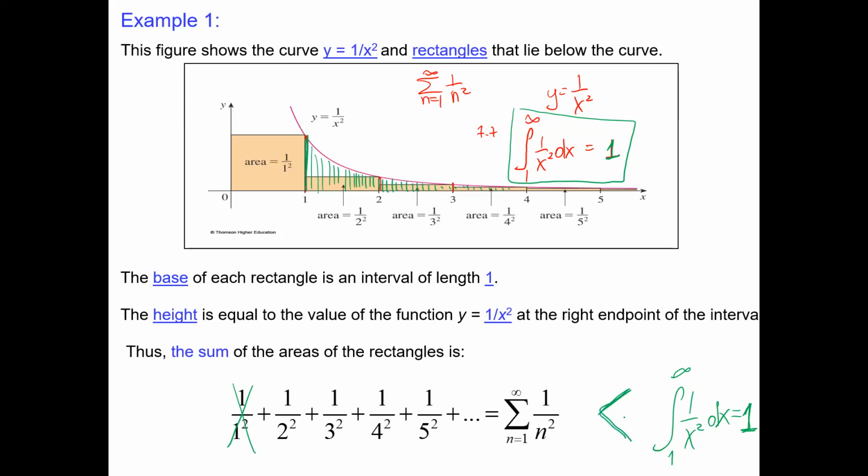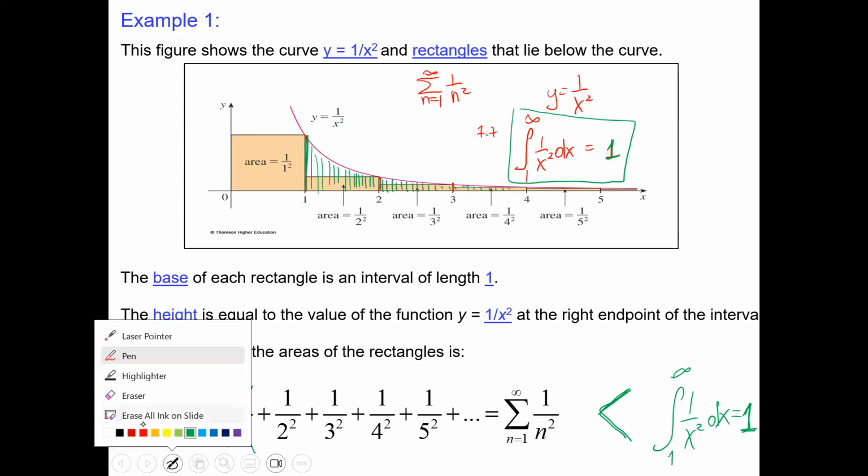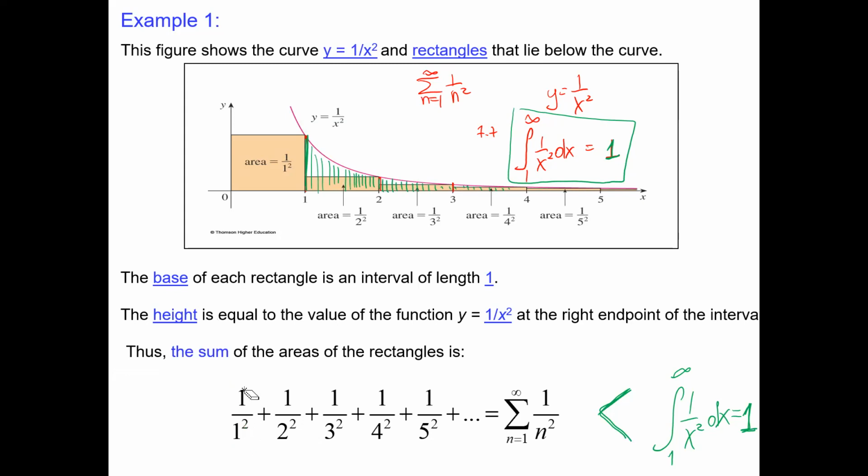That's what we're proving. The partial sums are increasing, but they're also bounded above, because the sum is never greater than 1. To be consistent, I can add the first value, that means I will be adding 1, so this is less than 2.